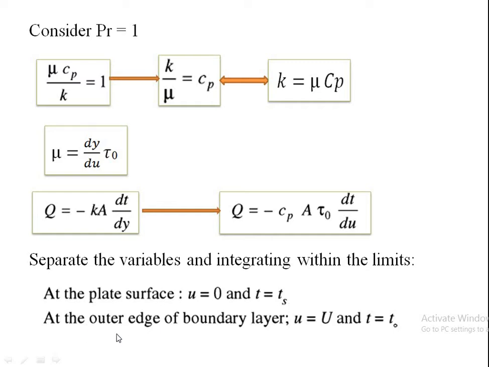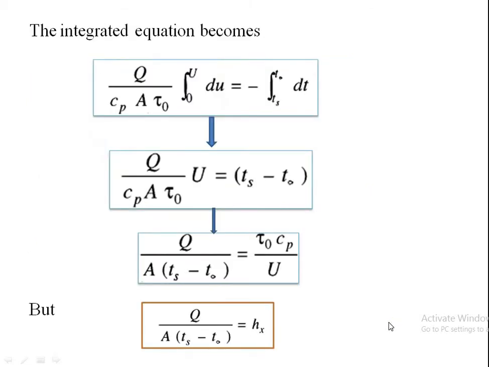And in the same manner, at the outer edge of the boundary layer, the velocity we are getting is equal to the free stream velocity or the mainstream velocity. And also, as we know that velocity boundary layer is collapsed with the thermal boundary layer, so temperature of the fluid layer will get equal to the mainstream temperature.